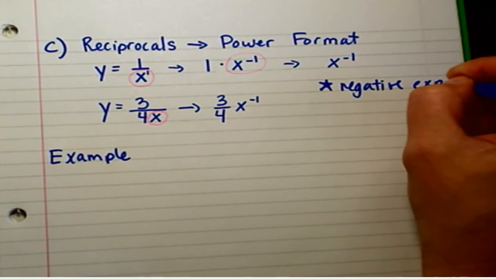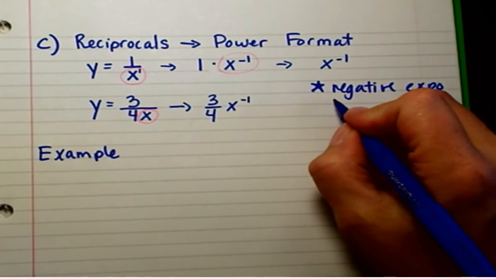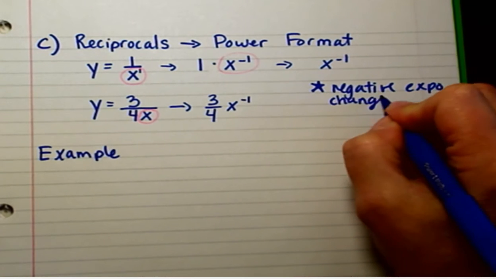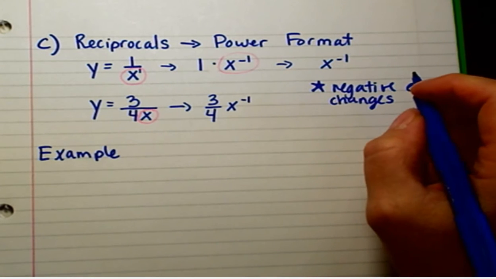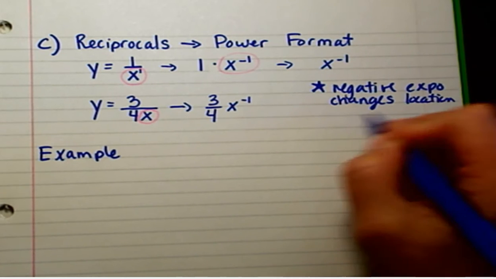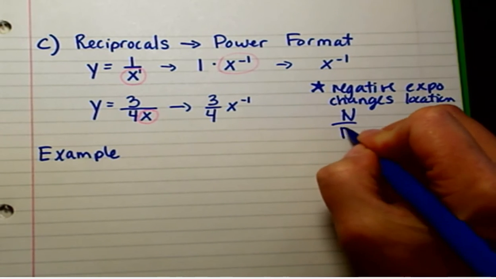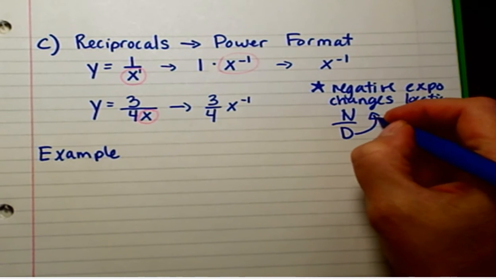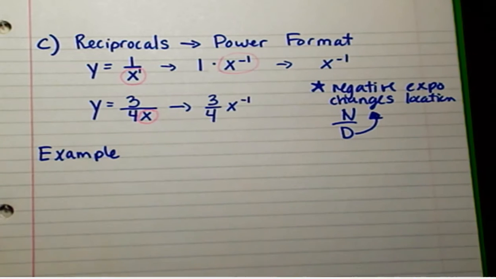Negative exponent changes location. All right? Changing that exponent is how you move that denominator to the top.